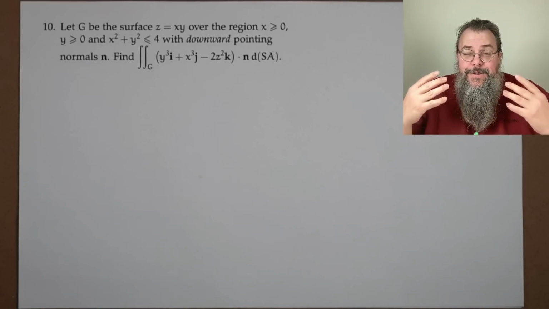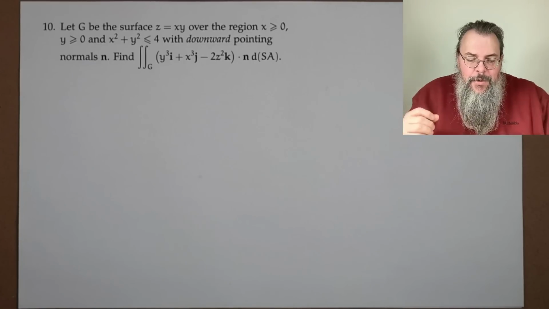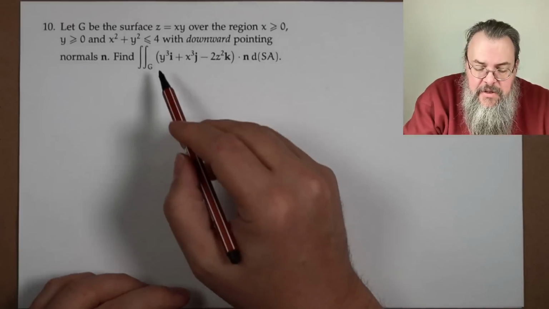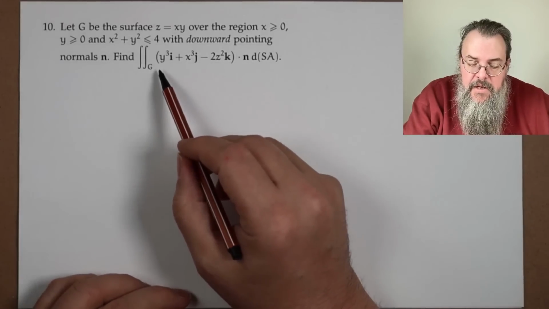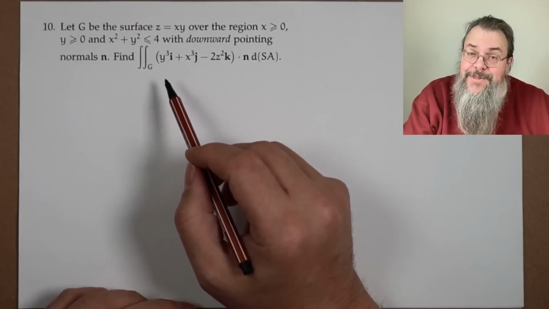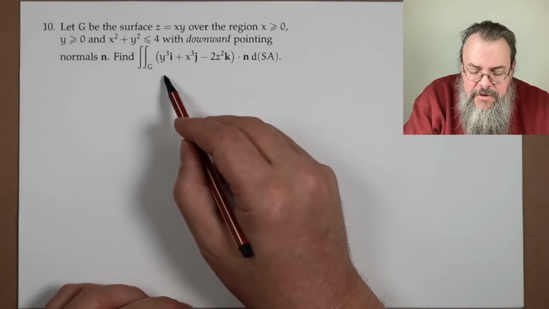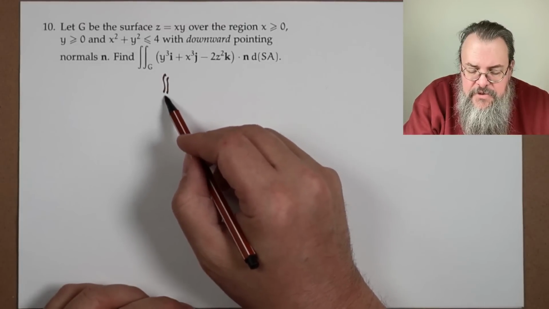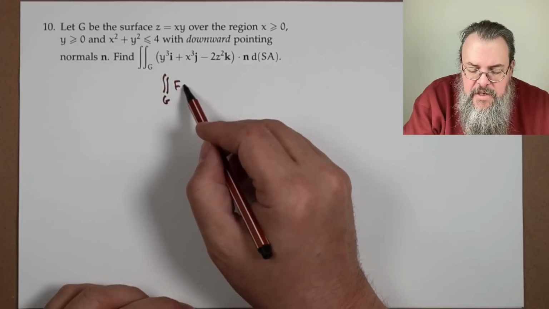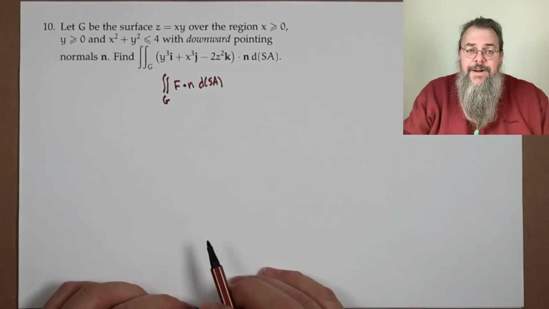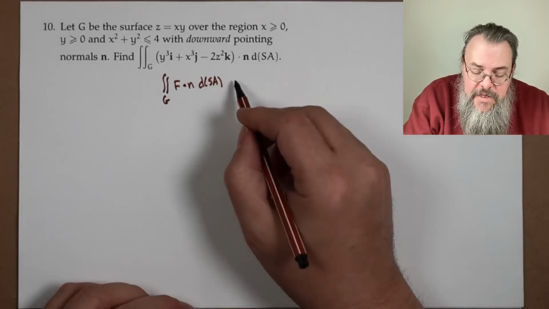Now, what is this? Well, what's being measured here is, if you think of this as a vector-valued function, because it is a vector-valued function, so that's why it's pretty easy to think of it that way. So we really have an integral of F dot n dS over the surface G. What is this?